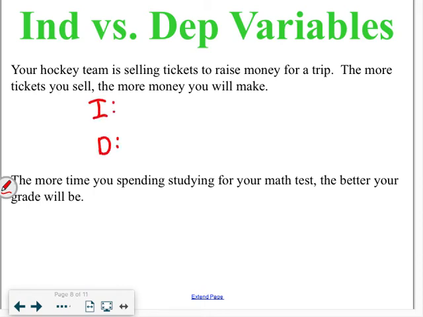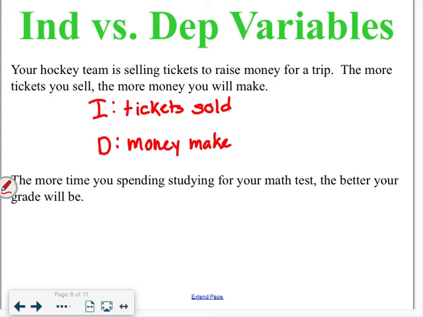The independent value, in this case, is going to be the number of tickets sold. You decide how many tickets you sell. Based on the number of tickets you sell, that'll determine how much money you make. So the more tickets you sell, the more money you make. The less tickets you sell, the less money you make.